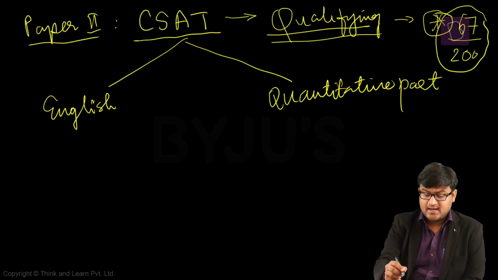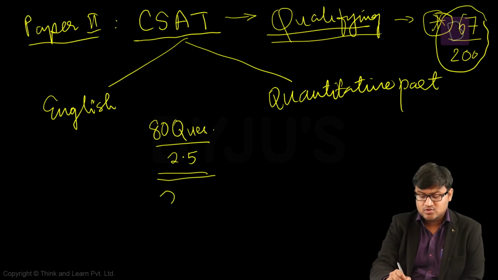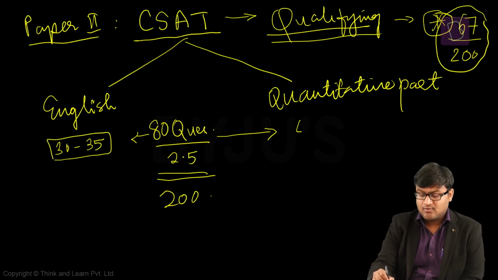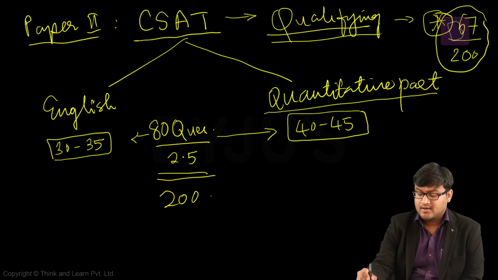Here you will find 80 questions of 2.5 marks each, which gives you a total of 200 marks. Out of these 80 questions, nearly 30 to 35 questions would be from English and nearly 40 to 45 questions would be from the quantitative part.